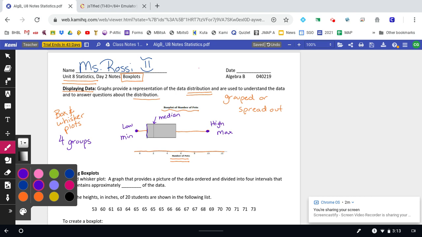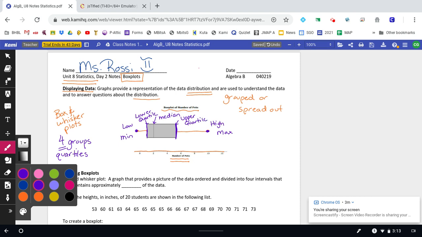This line here and this line here are what's breaking us into 4 groups, quartiles. This is our lower quartile, and this is our upper quartile.